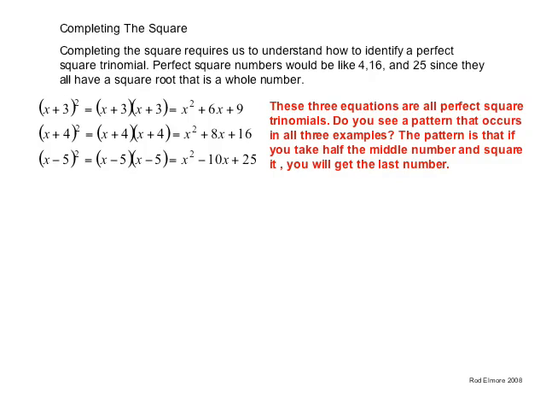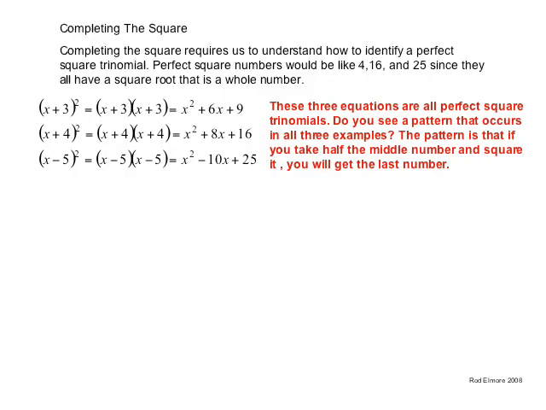So now what we need to do is look for a pattern. Do you see the pattern that occurs in all three examples? The pattern is that if you take half the middle number and square it, you will get the last number. So let's check to see if that works. In x squared plus 6x plus 9, half the middle term is 3, squared is 9.